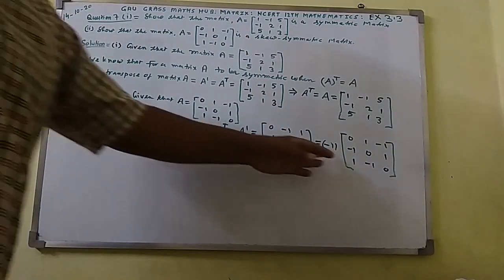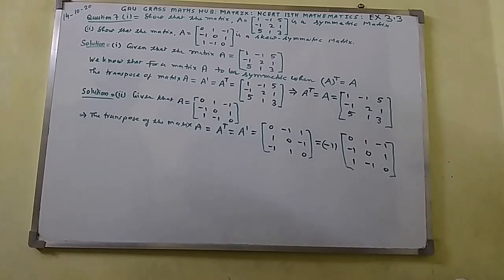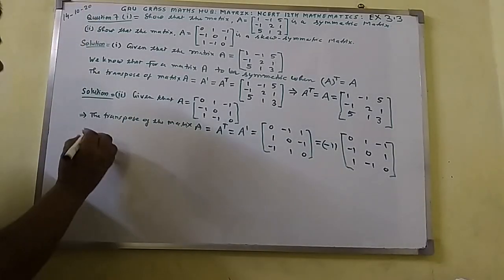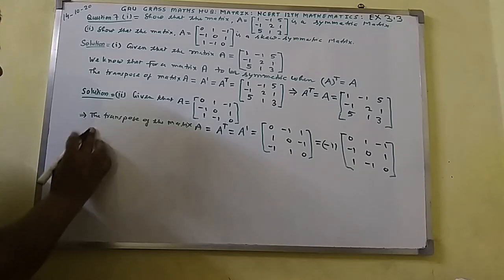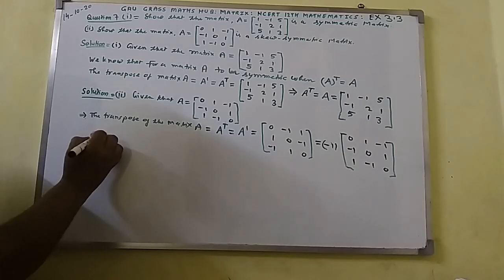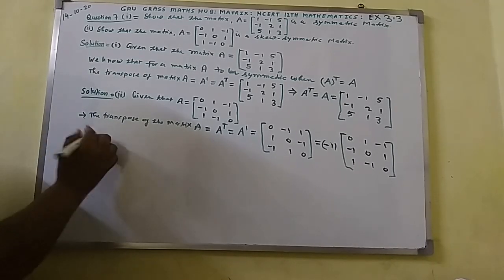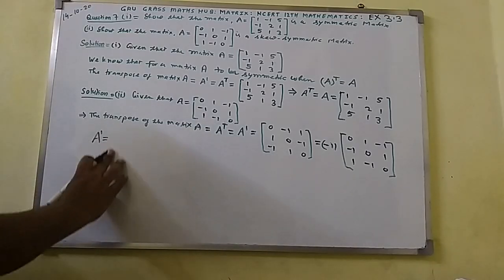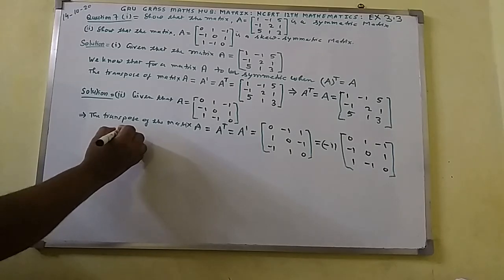Now this one you have got here. Now here you can see, here I have got A dash equal to, the value of A dash I have got here, minus, opening of square bracket.